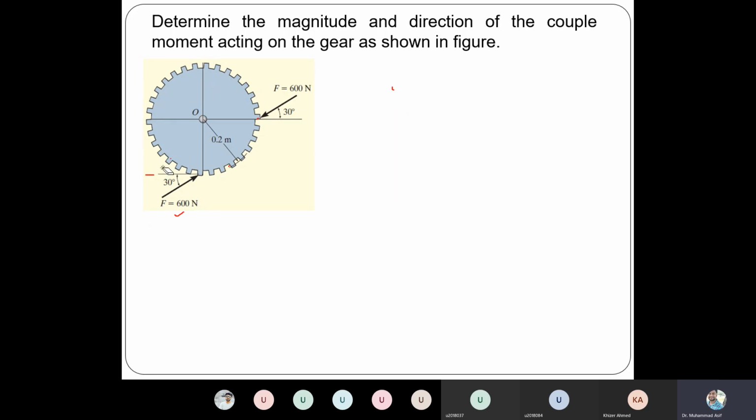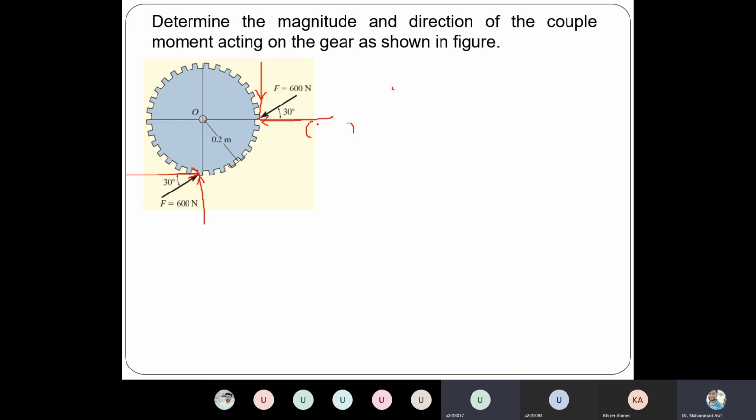Let's try to resolve them. This force will have one component in the x-axis direction and one component in the y direction. Similarly, this force will have one component in the x-axis direction and one in the y direction.